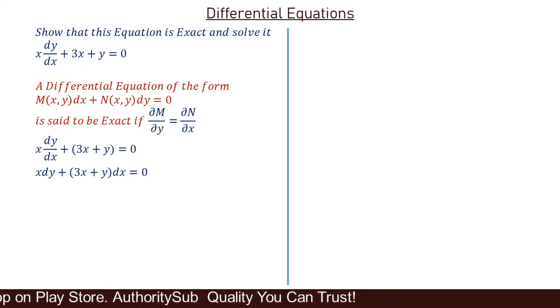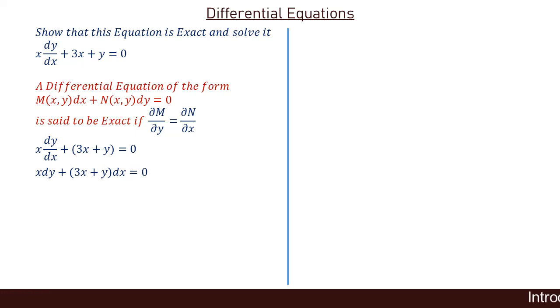Are we together? Good. Now, by definition, what do we mean by an exact equation? We say that a differential equation of this form M dx plus N dy equal to 0 is said to be exact if the partial derivative of M with respect to y is equal to the partial derivative of N with respect to x.